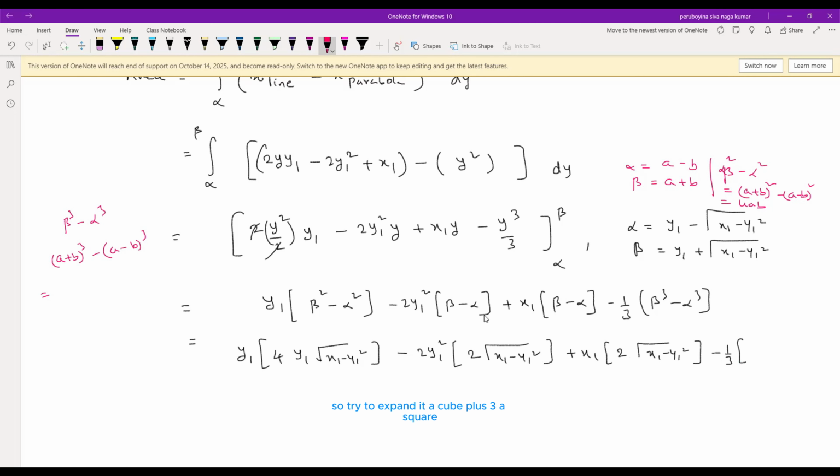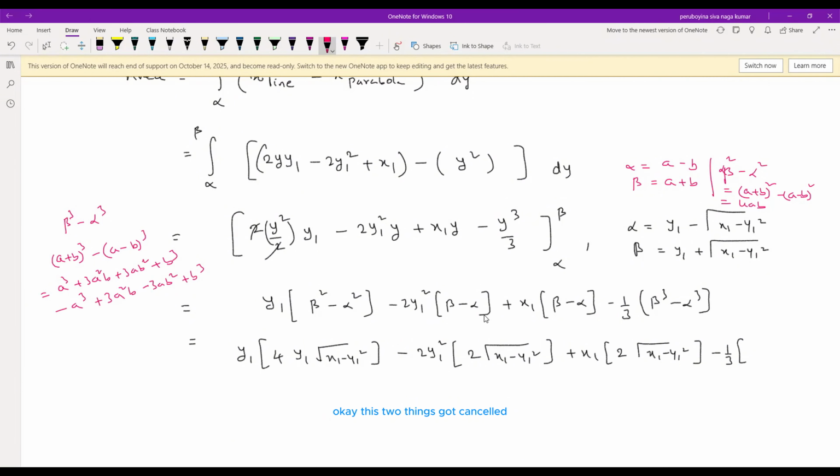So try to expand it: a cube plus 3a square b plus 3ab square plus b cube, minus a cube plus 3a square b minus 3ab square plus b cube.